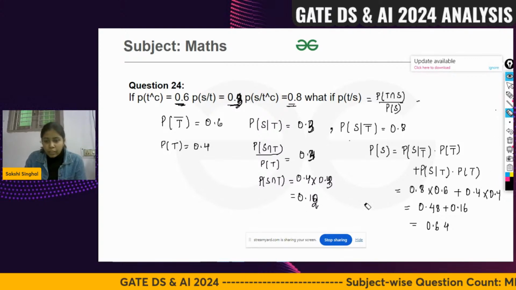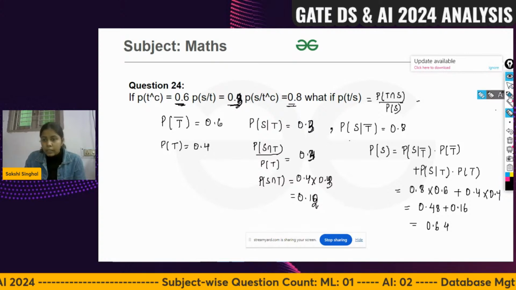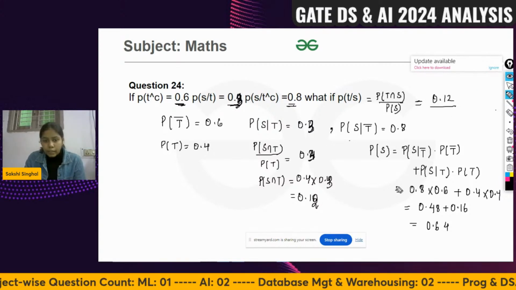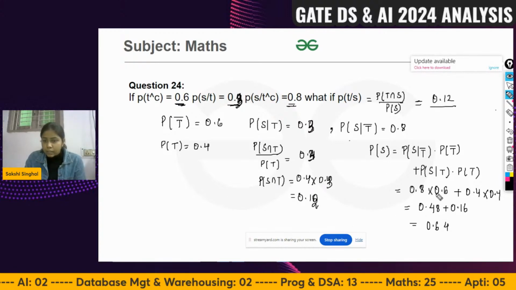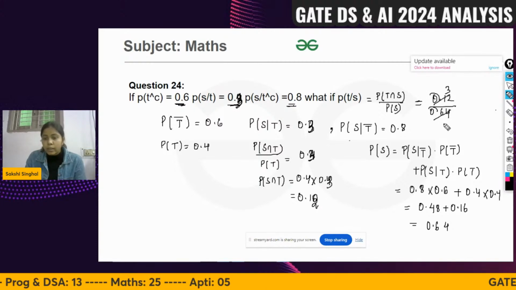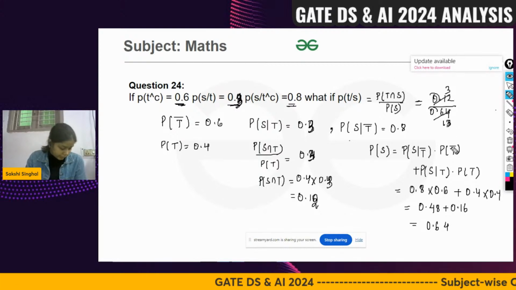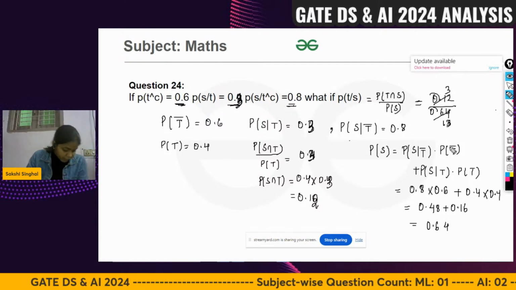So when the probability of S intersection T becomes 0.12, and all the other things remain the same, it would become 0.64. So if I solve this, 4 threes are 12 and 3 by 13. Okay, somebody is saying that they are getting 0.25 as their answer.